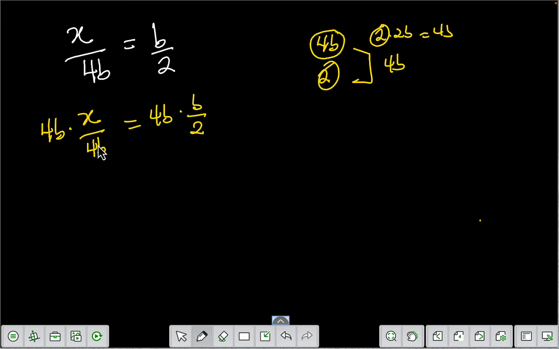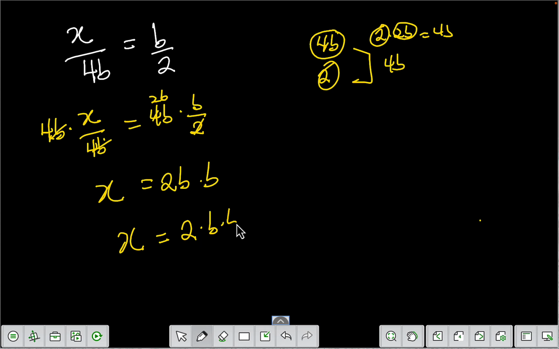So 4b cancels 4b, we have x, and 2 goes into 4b giving 2b, right? These are the factors. 2 times 2b will give you 4b, so if I divide 4b by 2, it should give me 2b. So this is going to give me 2b times b, and then x will be equal to 2b times b, which gives you 2b squared.